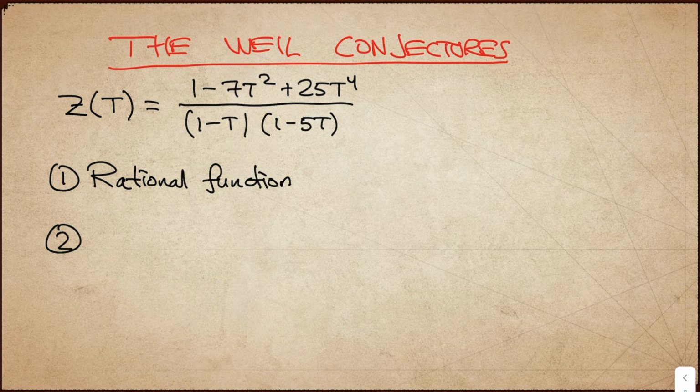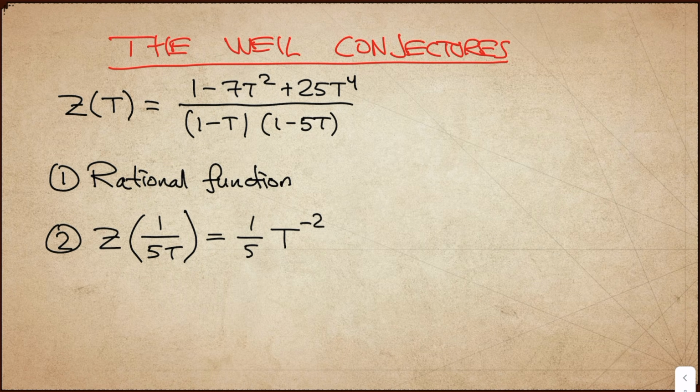Point 2, if you compute Z of 1 over 5t, just plug in 1 over 5t for t and simplify, you will see that you end up with 1 over 5 times t to the minus 2 times the original Z of t. This is the functional equation for the local zeta function. And it is Weil conjecture number 2 that such a symmetry always holds.